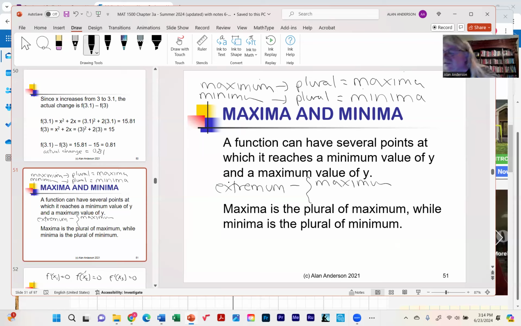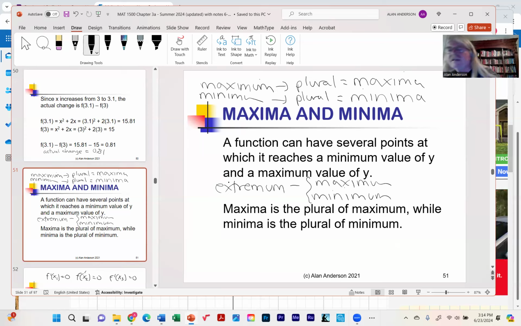A maximum and a minimum are both examples of an extremum, and when you pluralize extremum, it becomes extrema. So maximum becomes maxima, minimum becomes minima. Extremum could be either, and the plural is extrema.